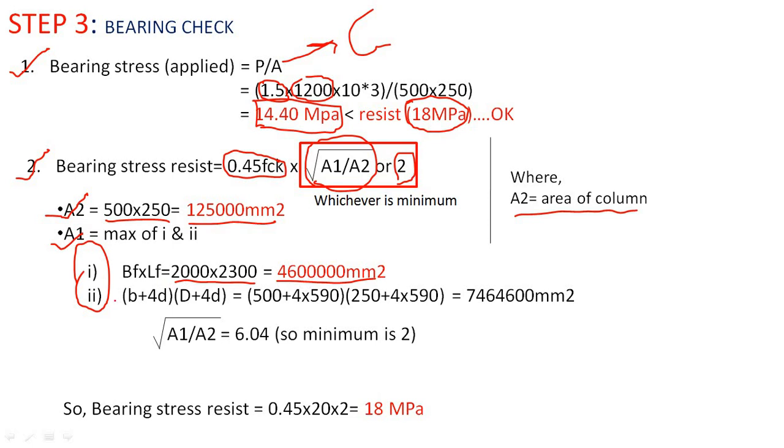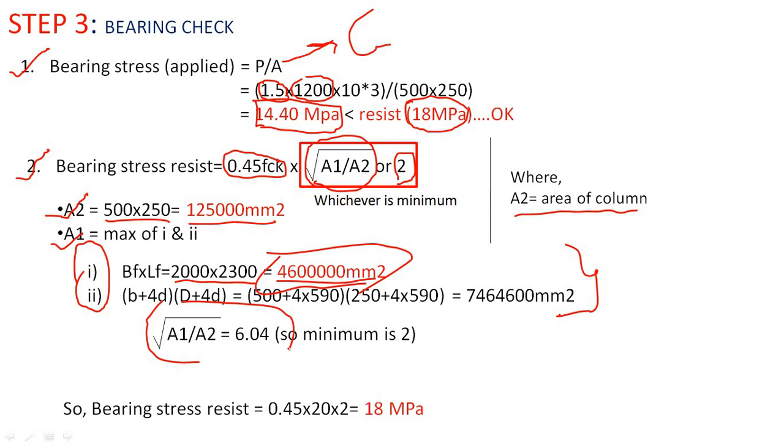So second we will do is B plus 4D plus capital D plus 4D is equal to, we have found this 7464600 mm square. So from these two values, we have to take the maximum. So in our case the maximum value is the first point, so we'll use the value for A1 as point number 1. So we have found the ratio of under root A1 upon A2 as 6.04.